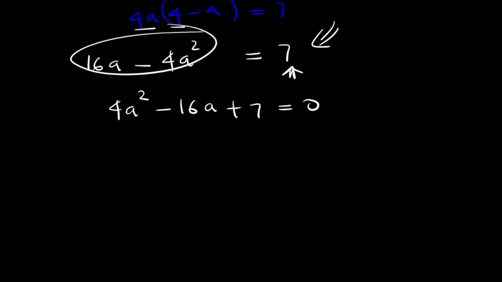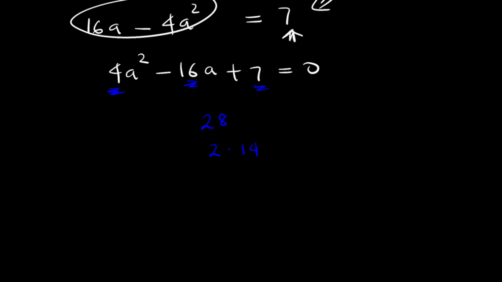Looking at the equation carefully, we see that this is actually factorizable. We first go ahead and multiply this 4 and this 7, which gives us 28. And 28 is also the same as 2 times 14. And the sum of 2 and 14 would give us this 16 here.